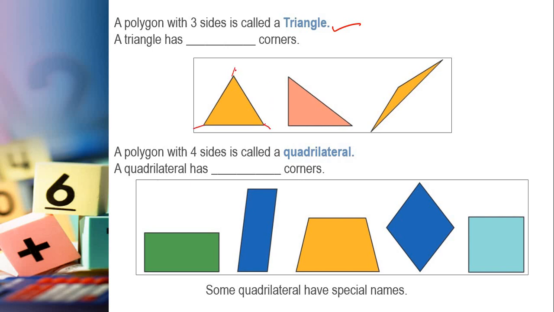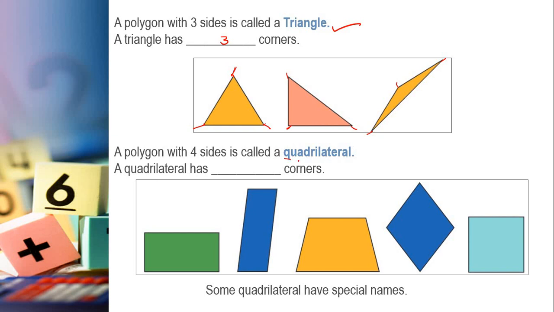How many corners are there? Count, children. 1, 2, 3. 3 corners are there in a triangle. A polygon with 4 sides is called a quadrilateral.